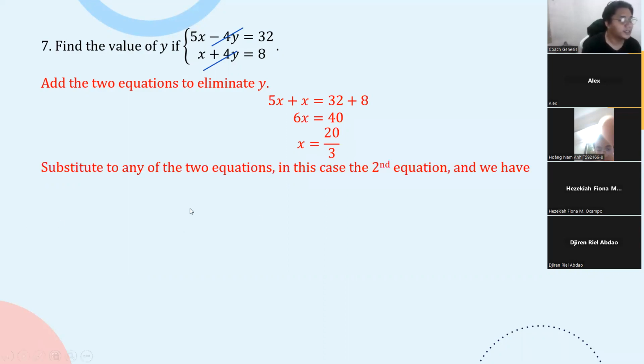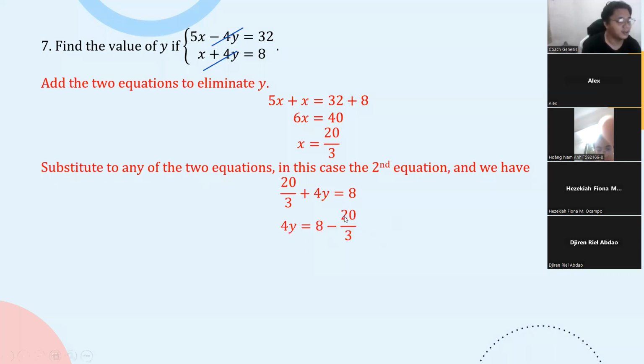Okay. Now we substitute to any of the two equations. So if you assess the two equations right now, it is much easier to substitute x in the second equation. So we have 20 over 3 plus 4y is equal to 8. We then multiply 3 to both sides of the equation to get rid of the denominator.